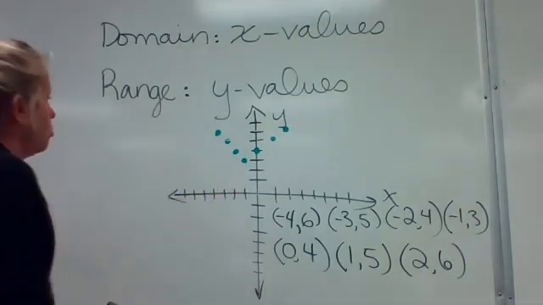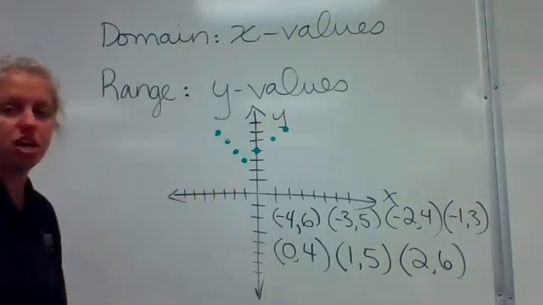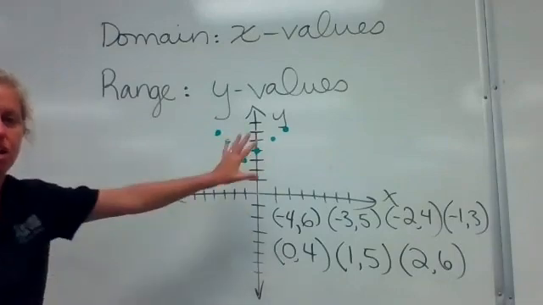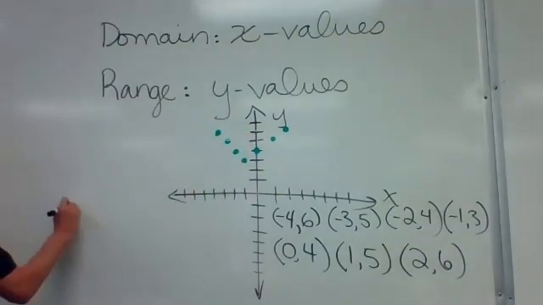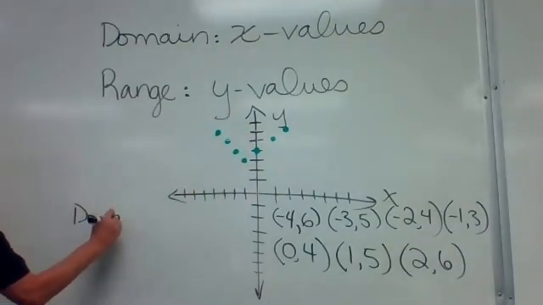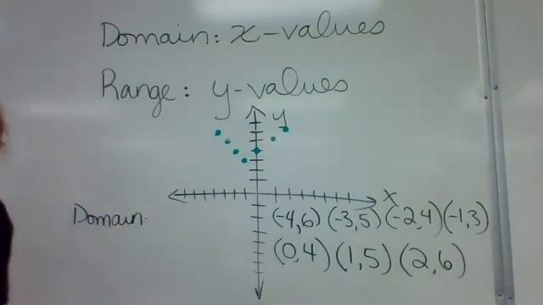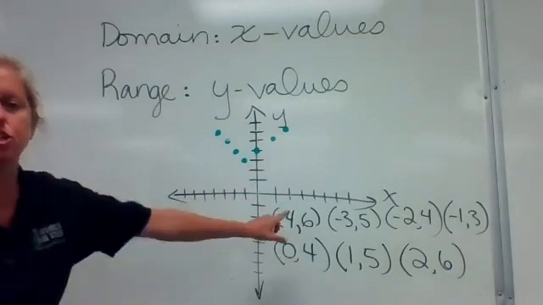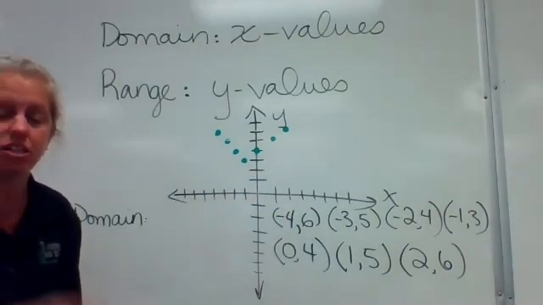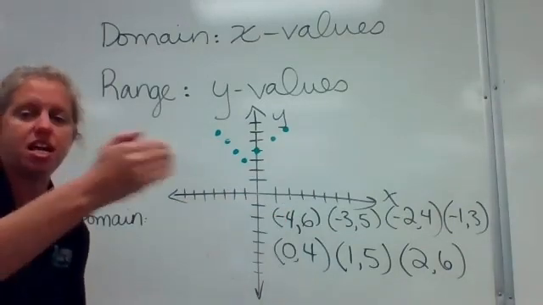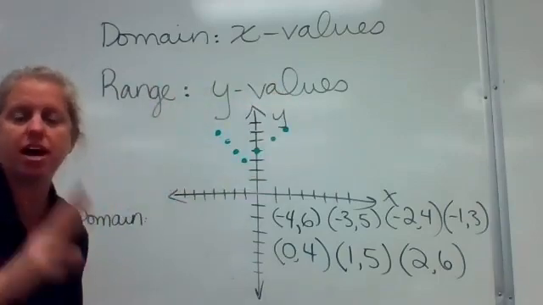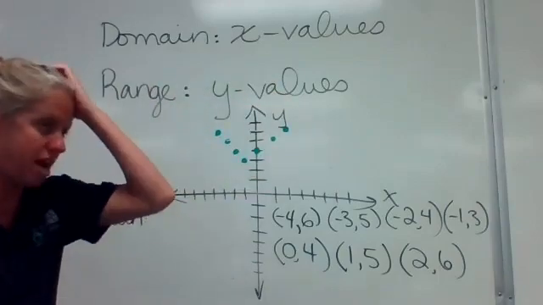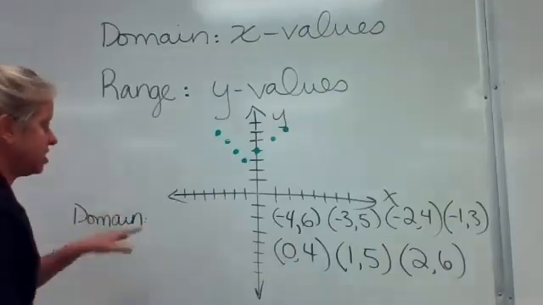So from those ordered pairs, I'm going to list out the domain and the range from this. You remember your domain is your x values. So now that I did a little bit ahead of the problem work, I can just look at these points and name out their x coordinates. If you see any repeats, there's no need to write a number twice when you're writing the domain and the range. So let's see.